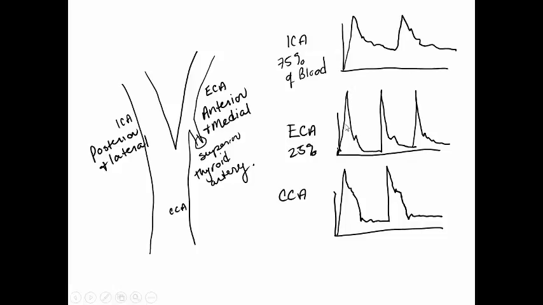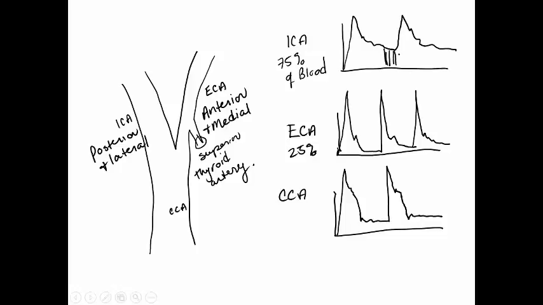The ECA has that really sharp, narrow systolic peak. It comes back towards the baseline. It doesn't touch the baseline and has quite a bit of end diastolic flow. So it has more end diastolic flow than the ECA, but it doesn't have as much end diastolic flow as this ICA does.